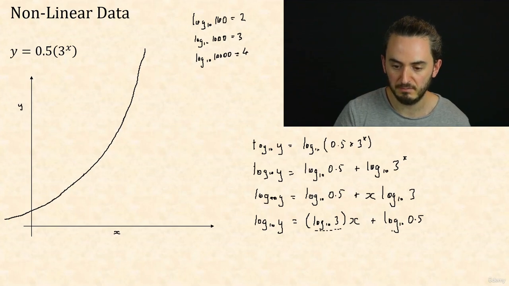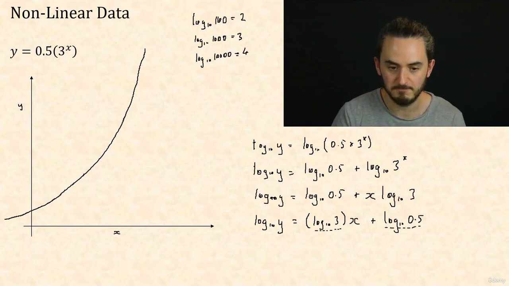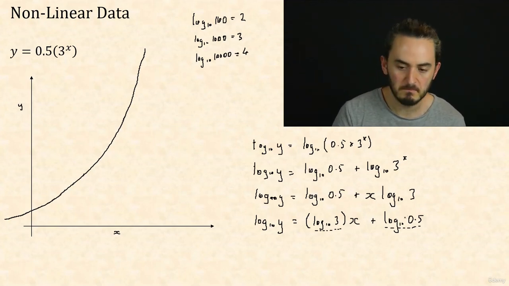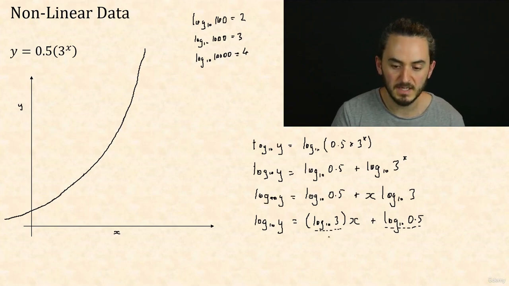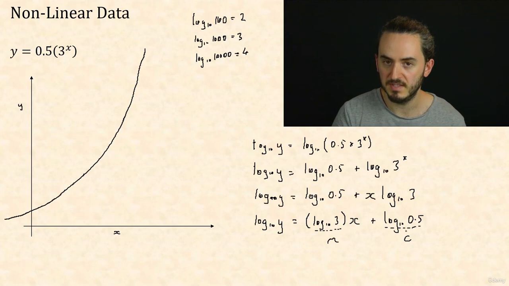Remember, log base 10 of 3 you can work out on your calculator. Log base 10 of a half you can work out on your calculator. So think about it. You've got something equals an amount of x plus a number. Now, if I renamed that number m and I renamed that number c, isn't that just a straight line? Some number m, x, plus some number c. Yes, it is the answer.